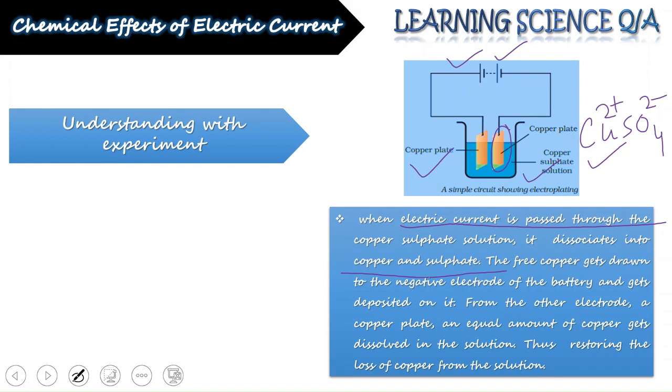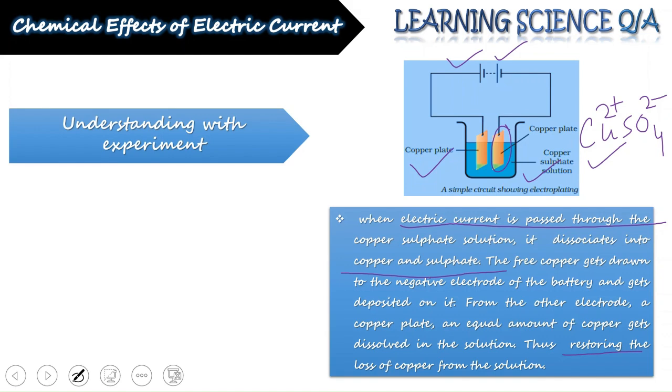Thus, the loss of copper from the solution will be restored. So what is happening here? When electric current is applied, the copper sulfate solution, acting as the electrolyte, gets dissociated into its ions, copper and sulfate.